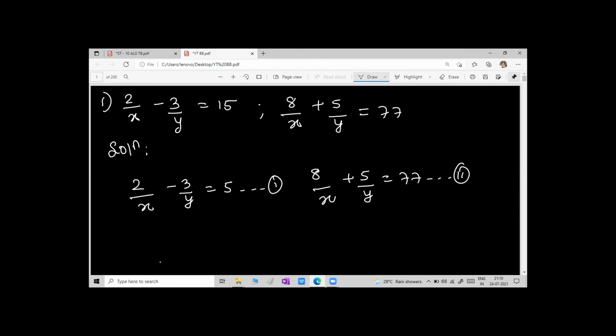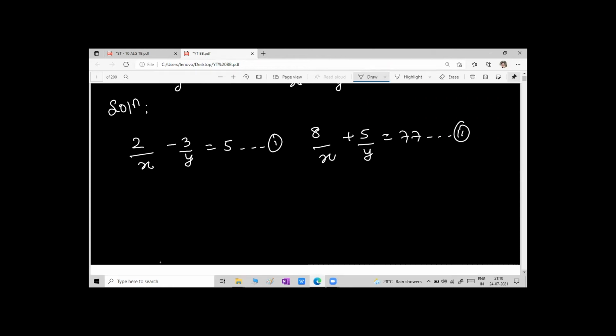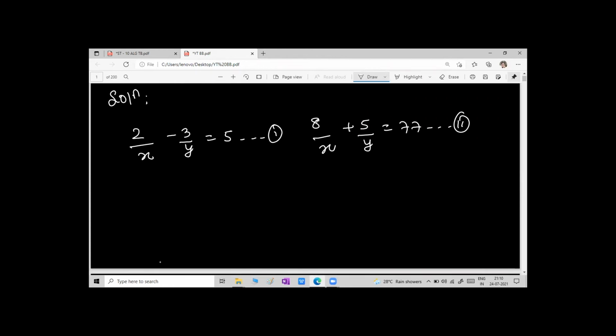Again, we are going to do the assumption part. Let me bring the equation into standard form. So क्या आ जाएगा? Substitute this. ये क्या है? 2 into 1 upon x minus 3 into 1 upon y is equal to 5. ठीक है? ये क्या है? 8 into 1 upon x, isn't it?